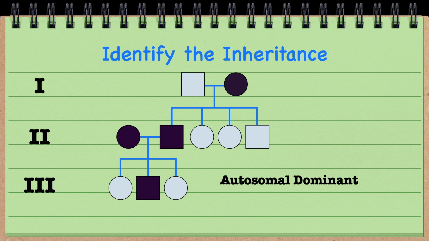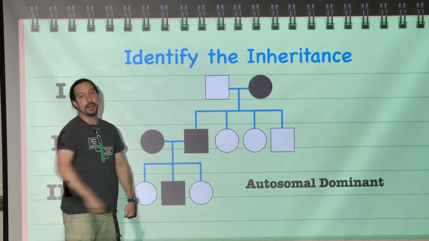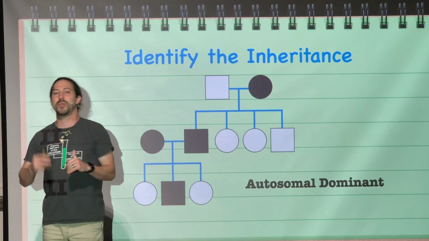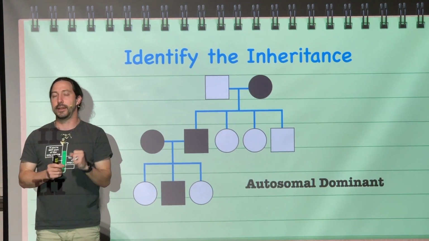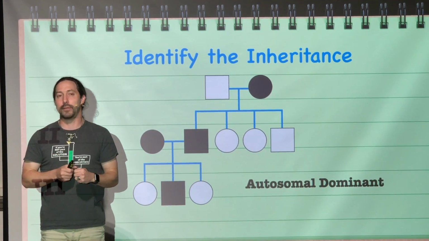And because the non-shaded in trait skips a generation, we know that it must be recessive, and thus the shaded in trait must be dominant. That's how that can work out. So don't always just look at the shaded in. You can also look at the non-shaded, and that can reveal a whole lot of information.